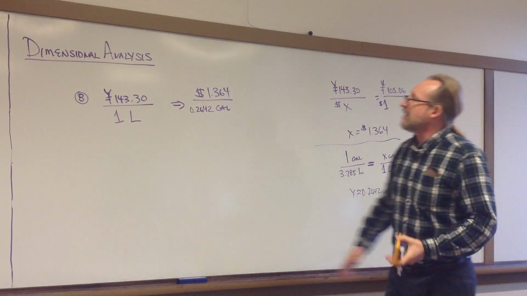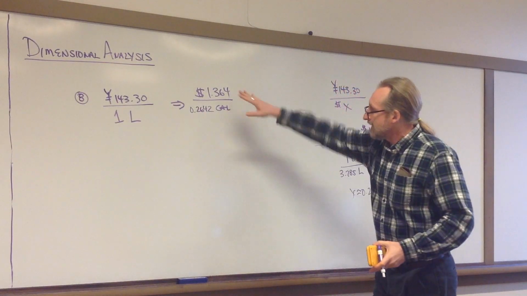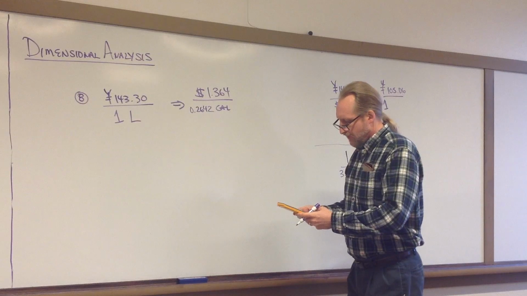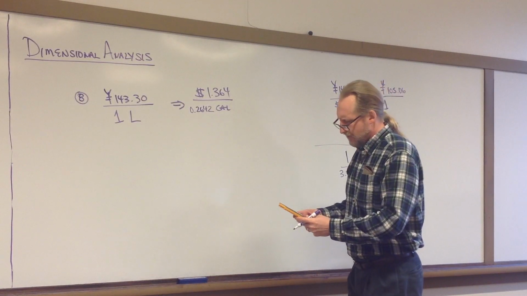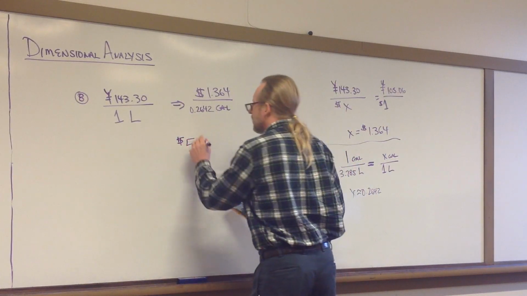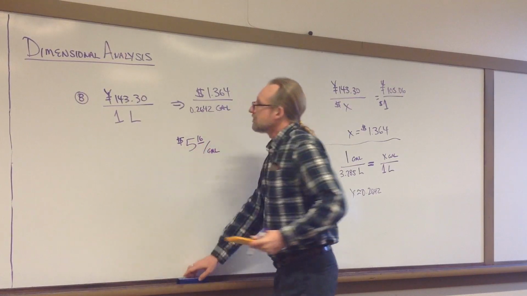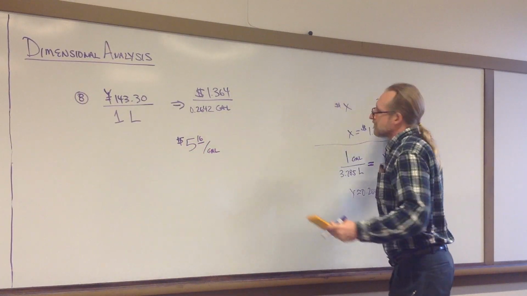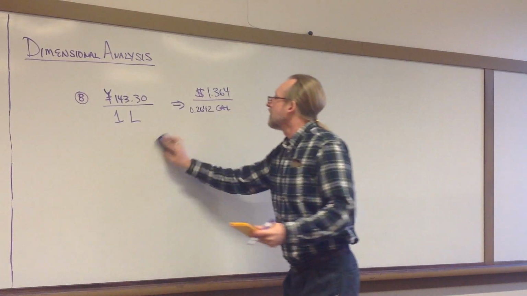We don't have enough liters to make a full gallon. That's why this number is less than 1. Now we need to divide 1.364 by 0.2642. And so this comes out to a whopping $5.16 per gallon. Okay, so there's problem 8, done with proportions.